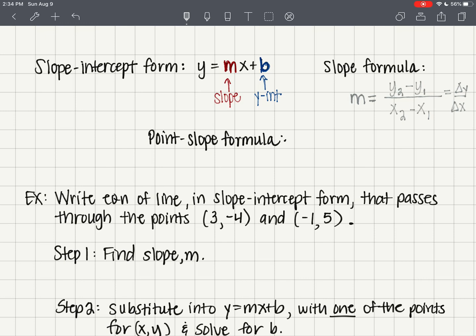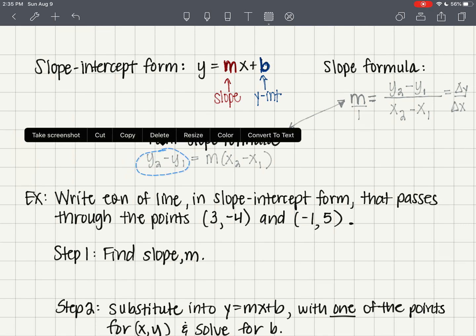From that slope formula, we get the point slope formula. If I were to cross multiply, m times x2 minus x1 equals 1 times y2 minus y1, we would get the point slope formula.